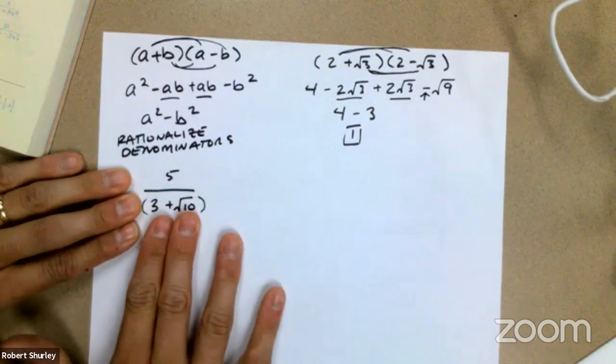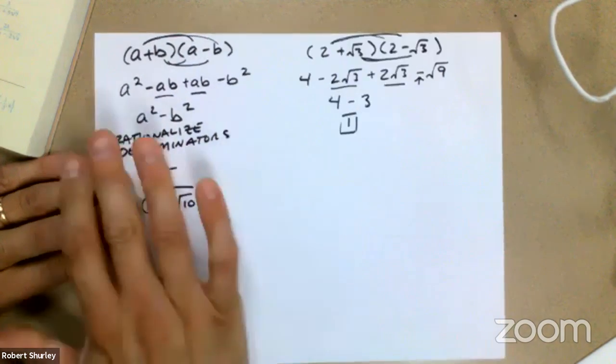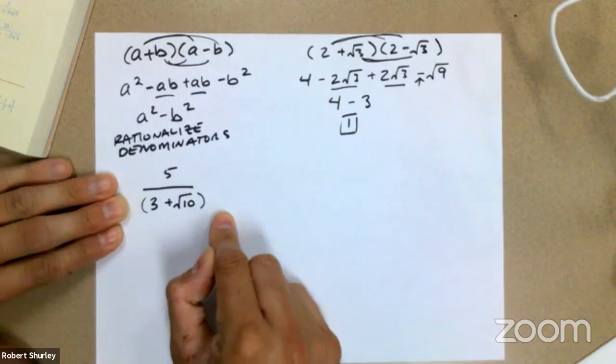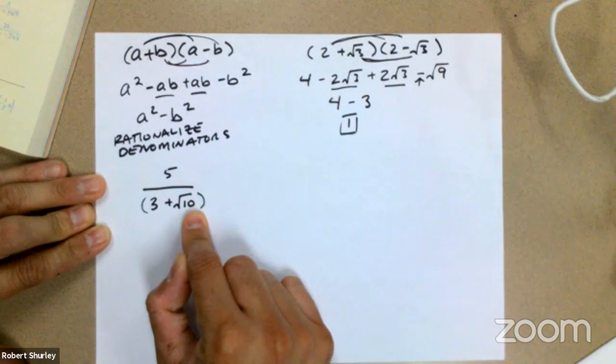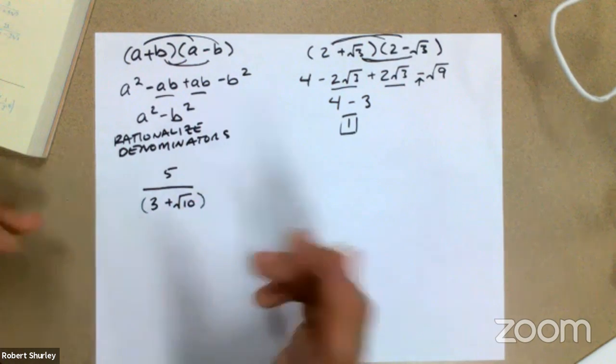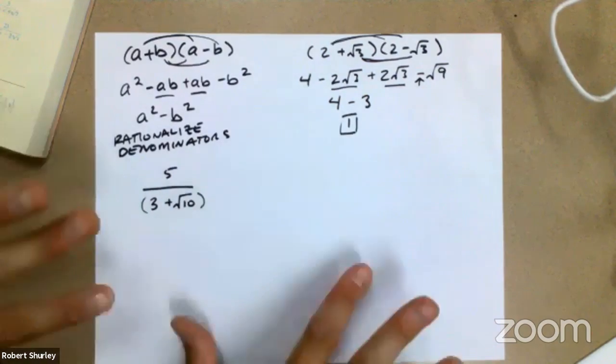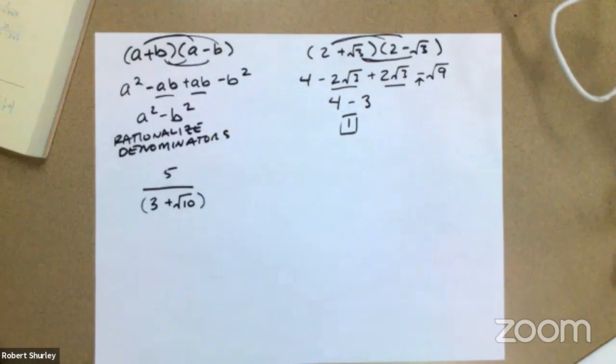Because it's 2 terms, we're not going to multiply by the square root of 10 over the square root of 10. That doesn't get this to go away. If you did that, you'd distribute the square root of 10, and that turns into 10, but the square root of 10 times 3 would leave you with 3 square root of 10. It doesn't clean up anything. So it doesn't work the same way as the previous examples with 1 term.